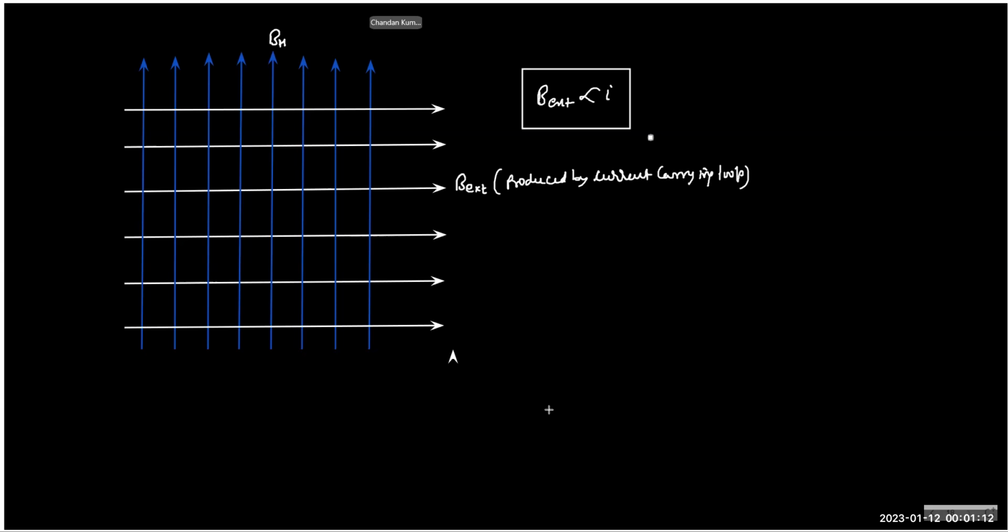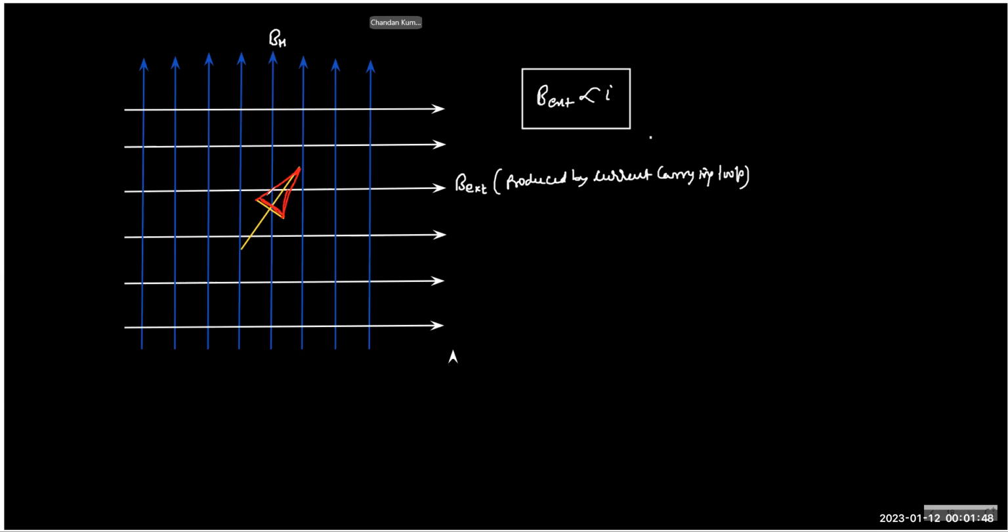So what do you do next? The next step is draw the compass. So let me draw a compass somewhere here. The compass will have two parts. Generally a compass comes with a two color shade.